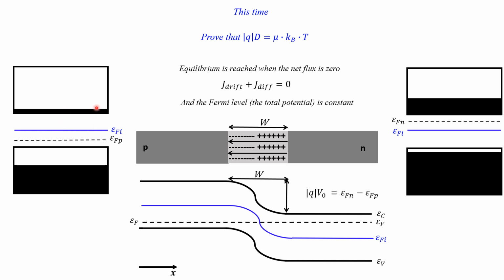So we're going to use this blue line, which by definition lies in the middle of the band gap, and we're going to use the expressions for the concentrations of n and p in terms of the Fermi level of an intrinsic semiconductor, using this blue line then as a reference. So this blue line you can understand as just being a reference value, and it corresponds to the Fermi level of an intrinsic semiconductor. But we don't have an intrinsic semiconductor. The physical Fermi level is represented by the dashed line.